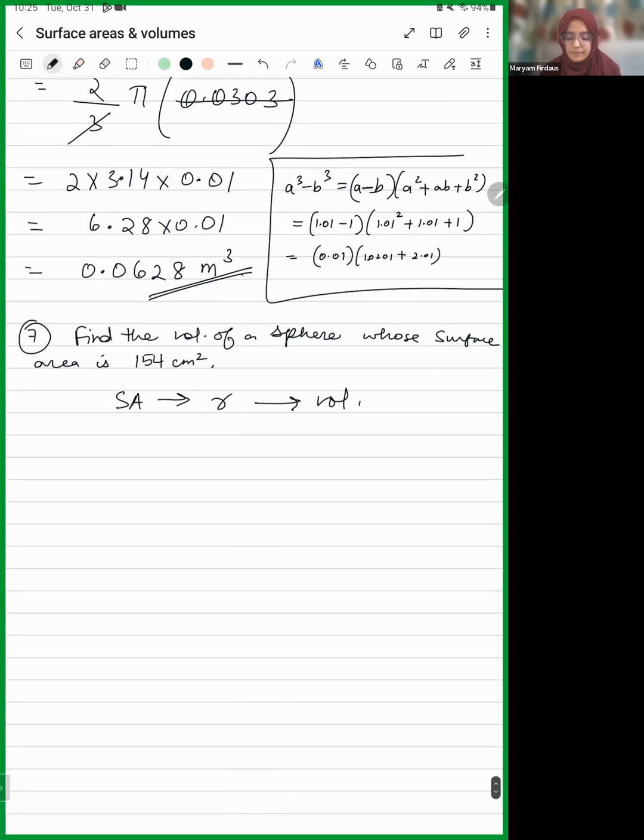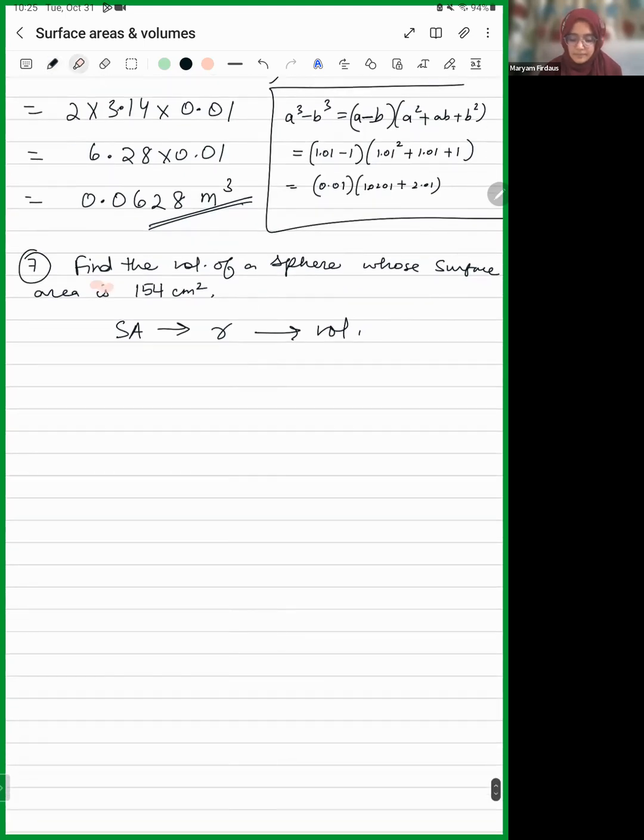So, Avni, is this concept clear? Yes, ma'am, clear. So surface area is equal to 154 centimeter square given in the question, right?